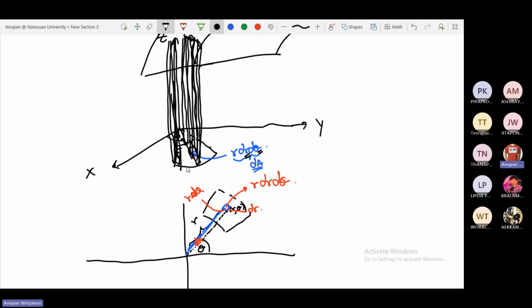And then you have to sum every line of the pole together from this angle to this angle. See, you're going to have the solid object under the surface again.